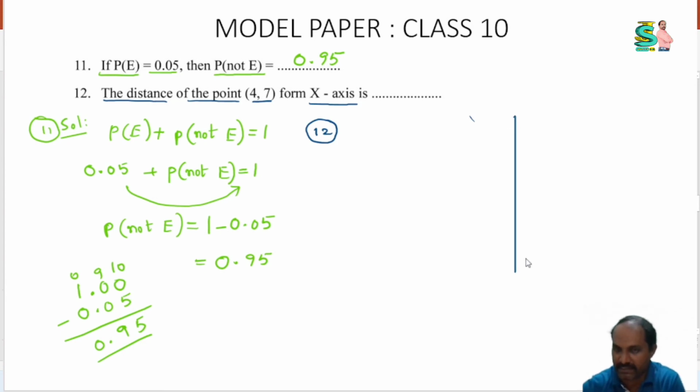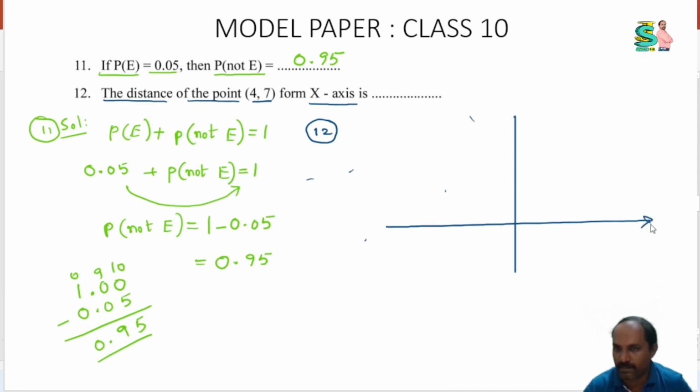This one is the y axis. This is the x axis.